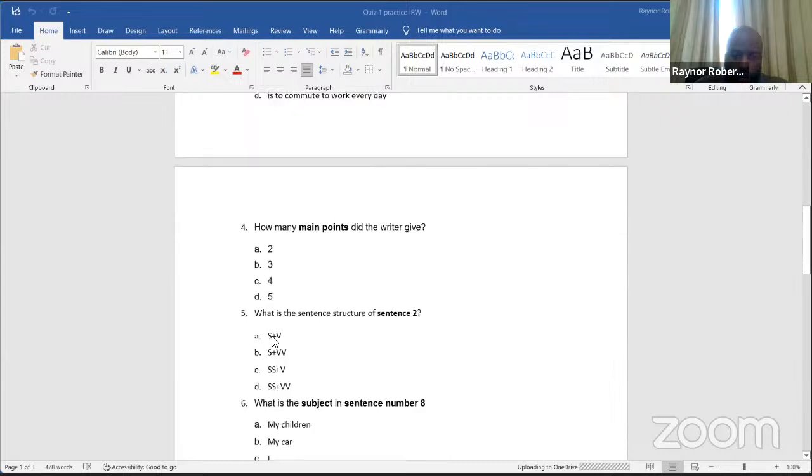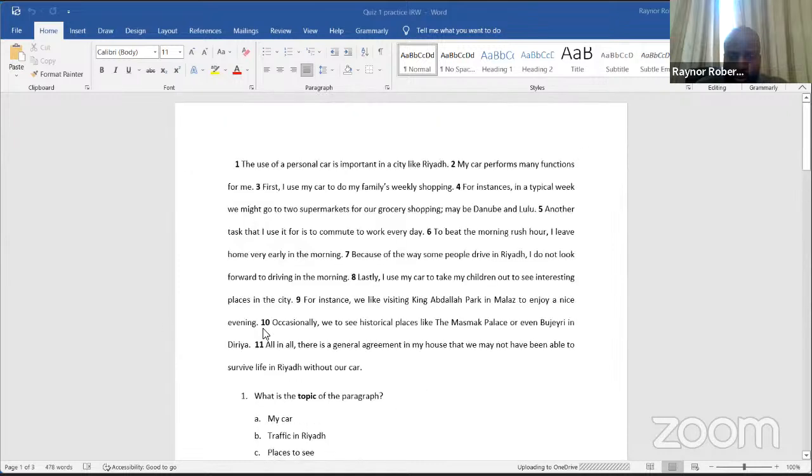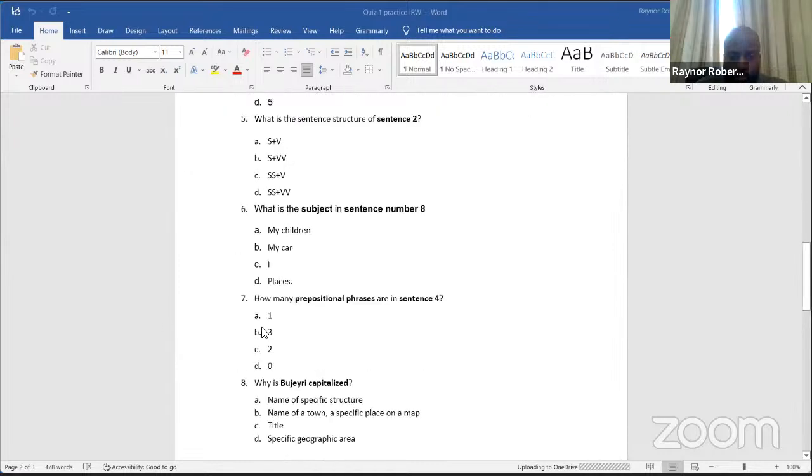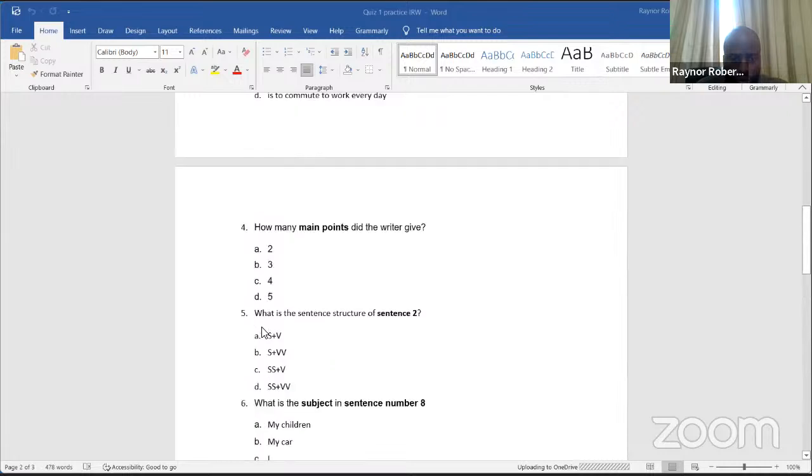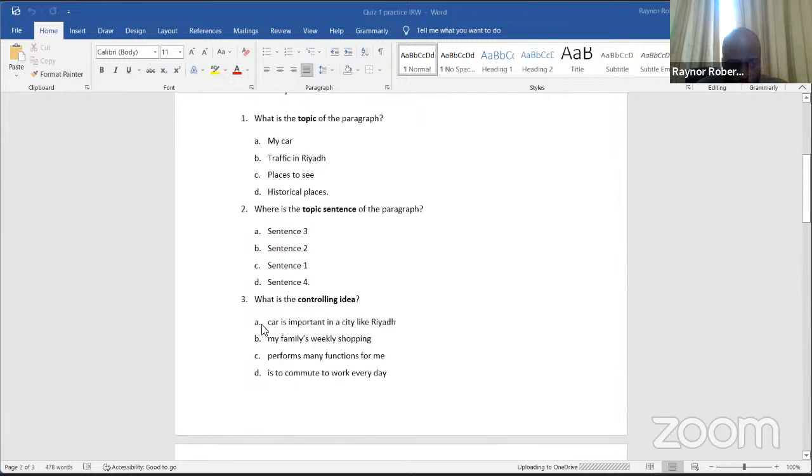What's the sentence structure for sentence 2? Look at sentence 2 and give me the sentence structure.